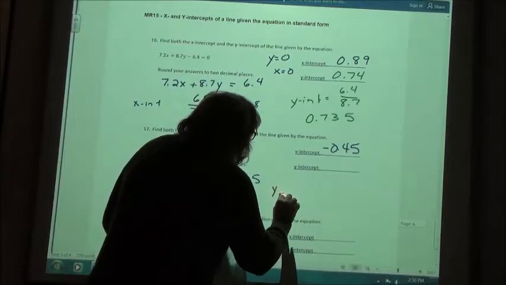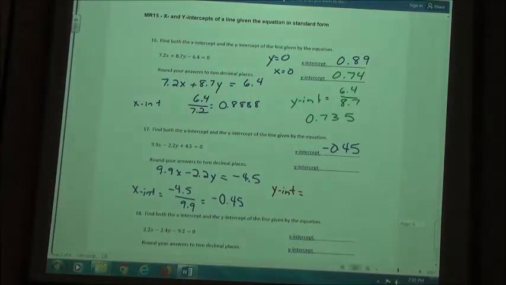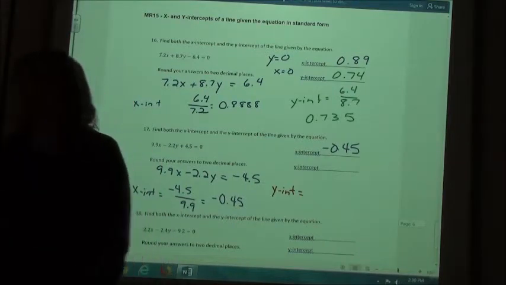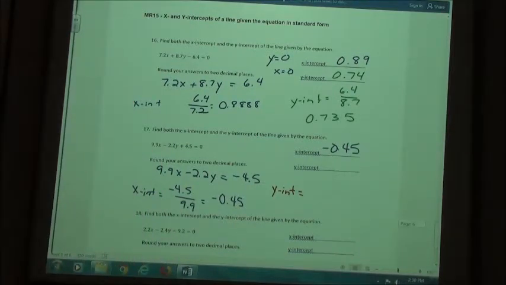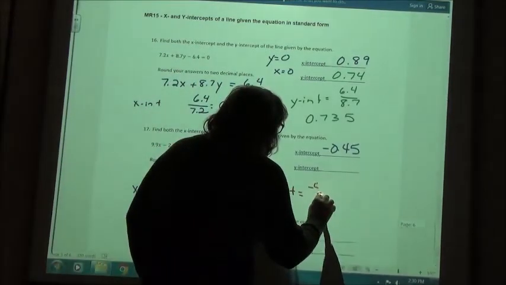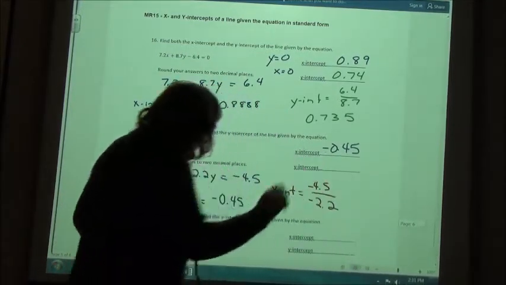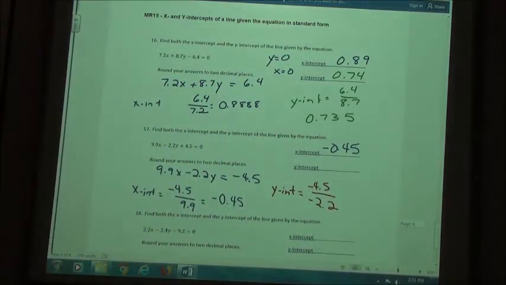To find my y-intercept, what would I do? I'm going to take my negative 4.5 and I'm going to divide it by the negative 2.2, which is in front of my y.